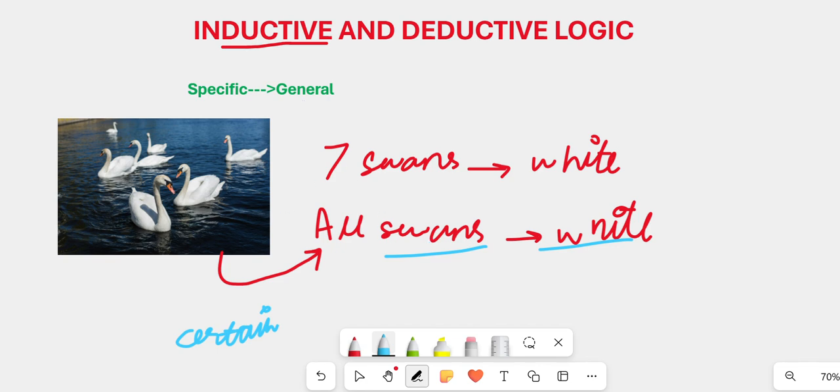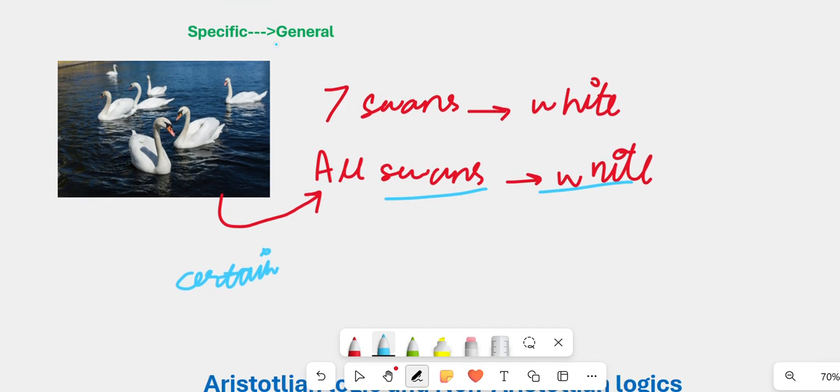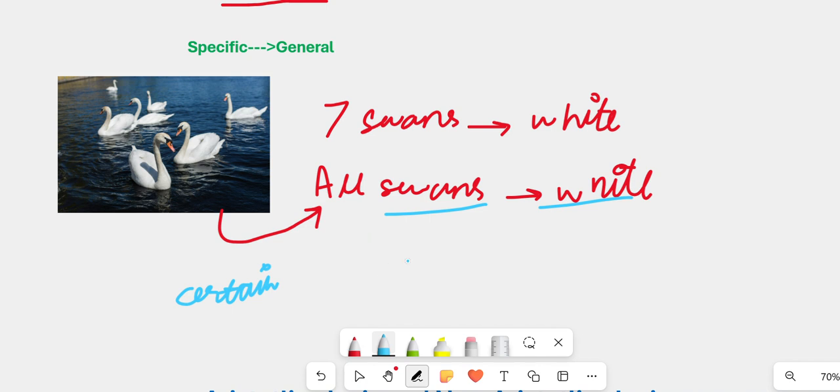We use inductive reasoning a lot in mathematics. For example, we have a series in which we have some numbers like 2, 4, and so on, right? Let's put 6 here too. We can see that there is an increase of 2 and an increase of 2 over here.